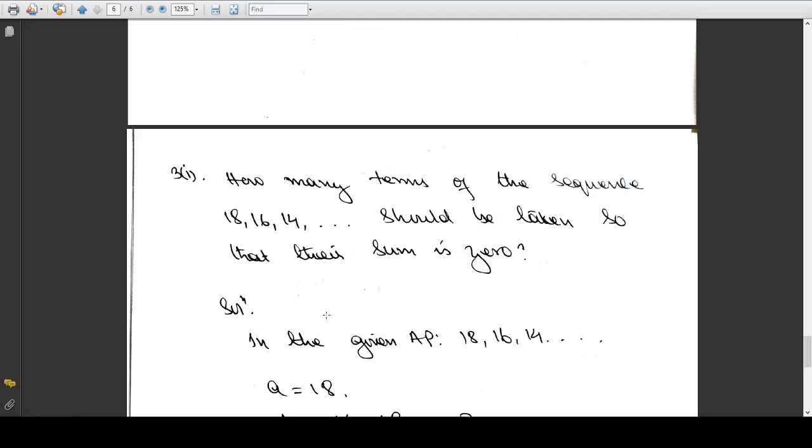To find that the sum is 0, you have to utilize the formula for the sum of an AP. First of all, let us find the value of a.